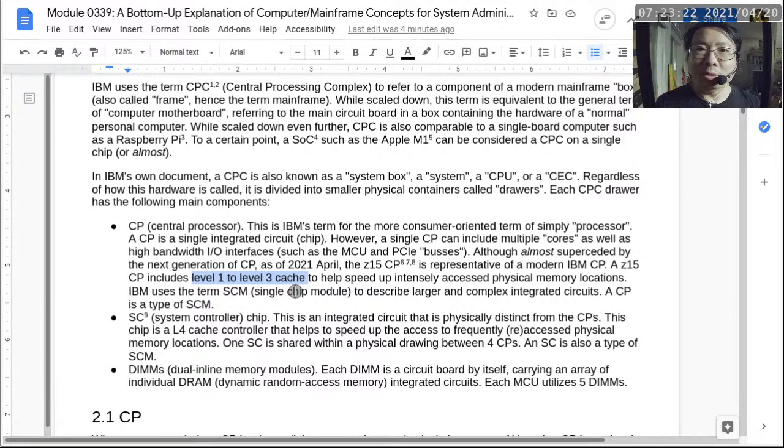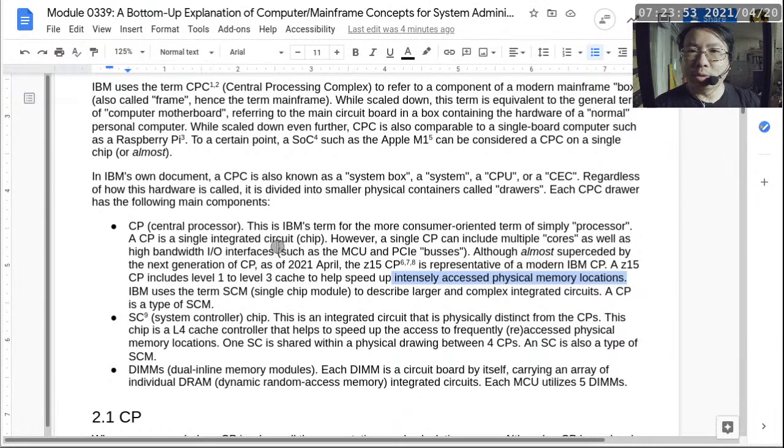The best way to put it is they provide a shortcut to get to intensely accessed physical memory locations. That's actually a term that I utilized here. So without going into the actual design and circuitry and the mechanism of caches, this is the best way we can see it. It is a way to speed up the access to intensely accessed physical memory locations.